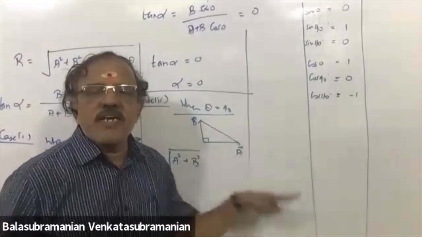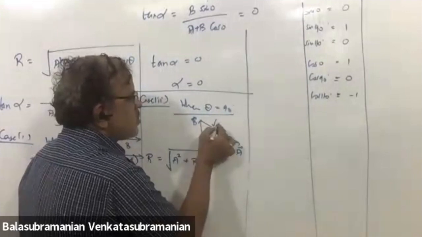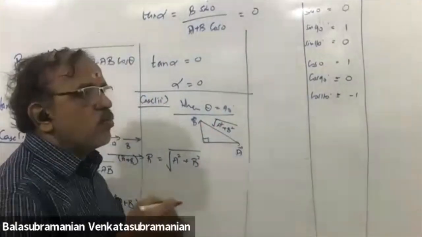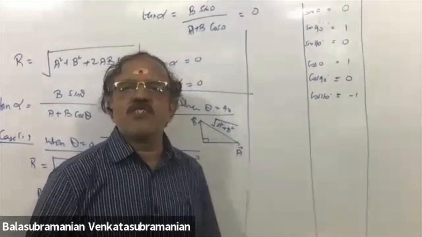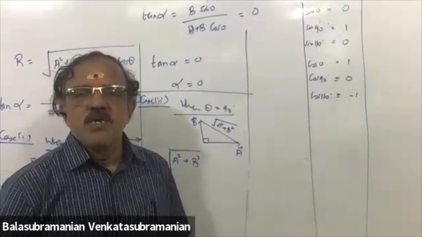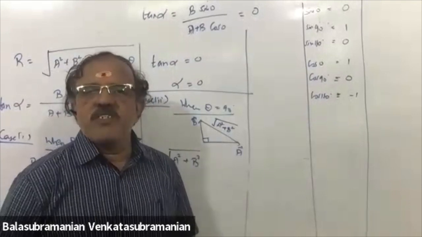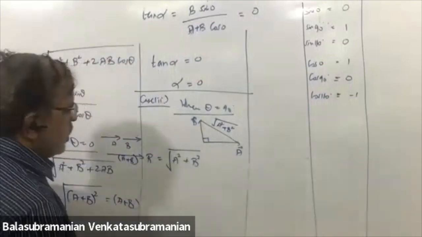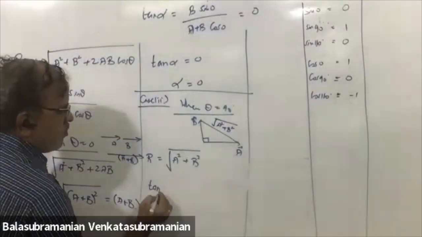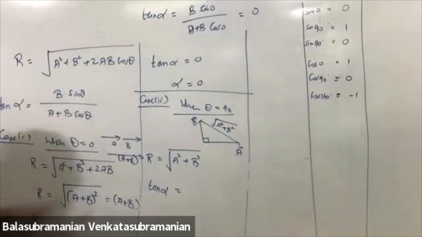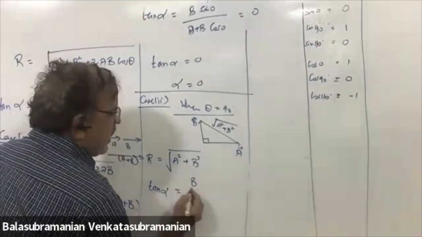Closing side of a right angle triangle is the sum of the squares of the two vectors. Root of A square plus B square. Tan alpha is B sin theta, B sin 90.